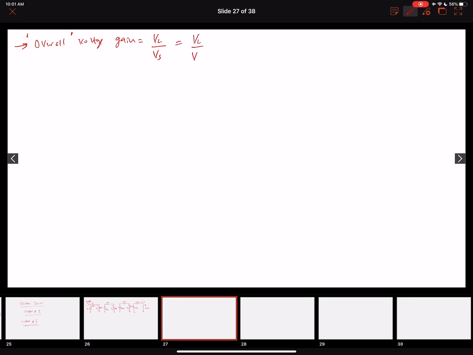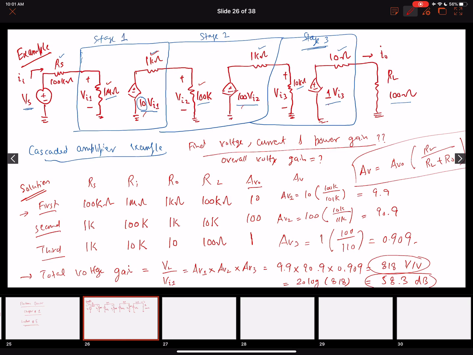We can convert that into VL over VI1 multiplied by VI1 divided by the source. We already know the value of VL over VI1 from this one. We just calculated it, which is 818. The other value we want to determine is VI1 over VS, which comes from here.